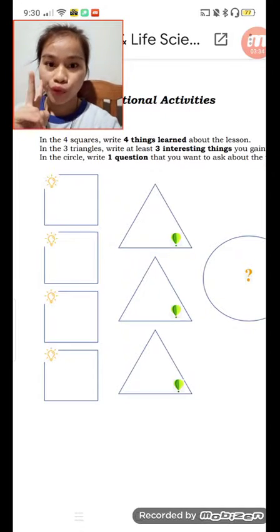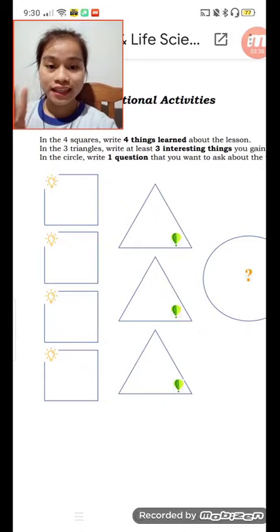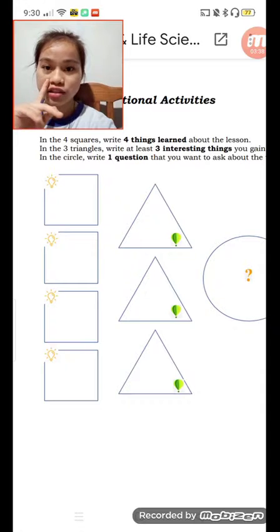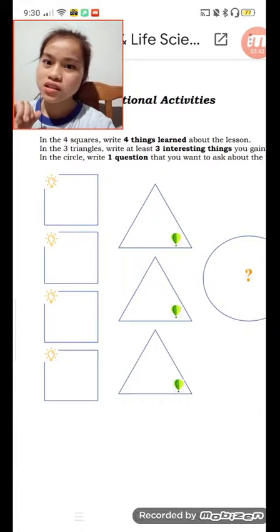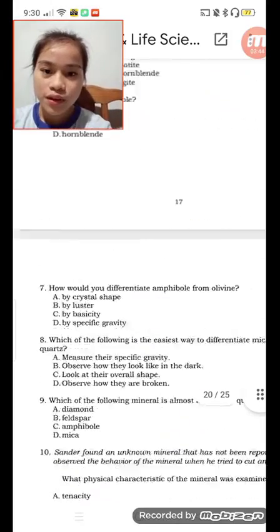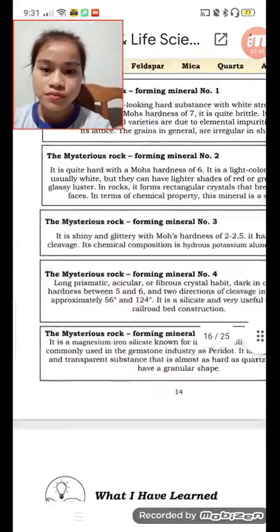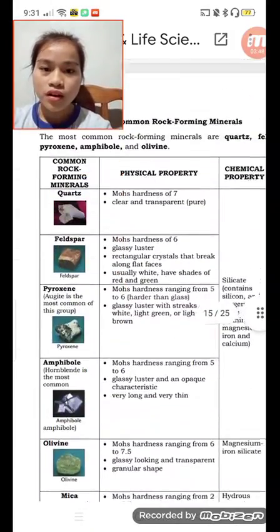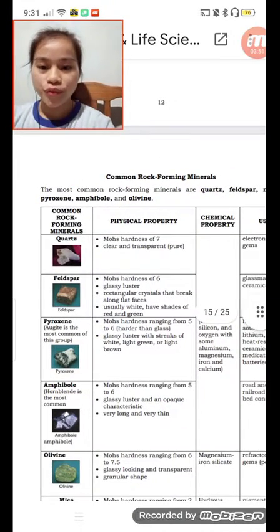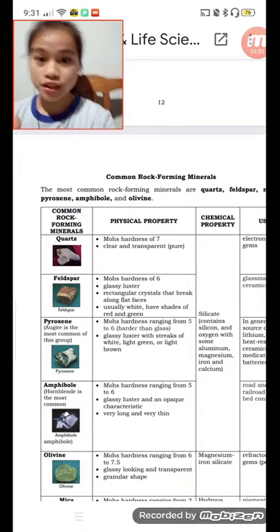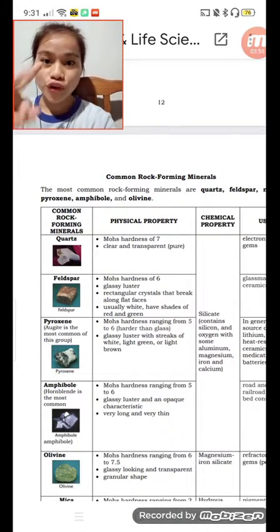In the 4 squares, write 4 things learned about the lesson. About these common rock forming minerals, what have you learned? You have to write 4 things.